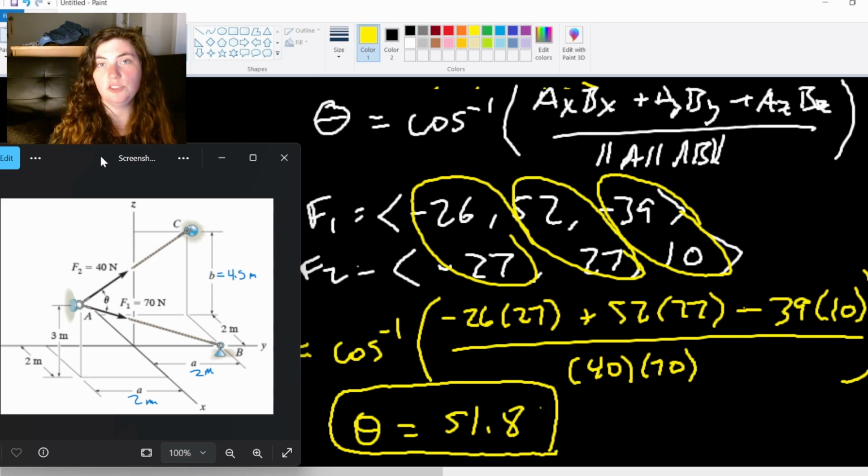But our example did have 2 parts. It asked us for the angle between the vectors and for the projection of F1 onto cable AC.